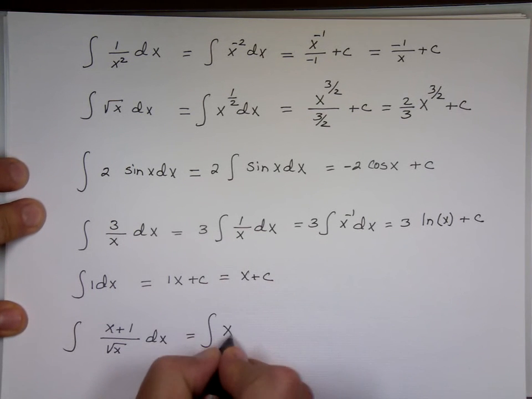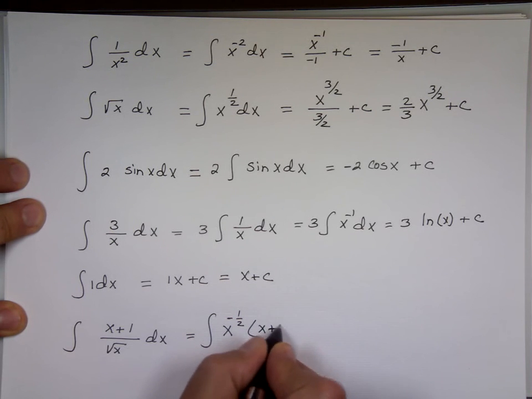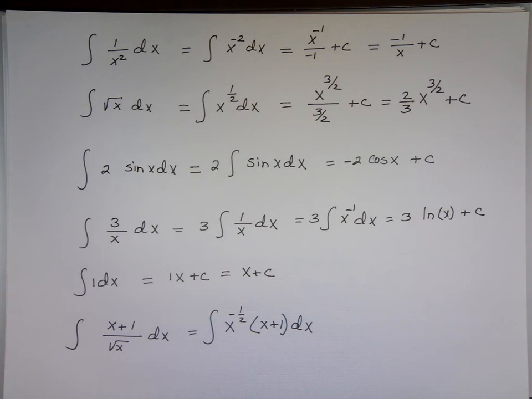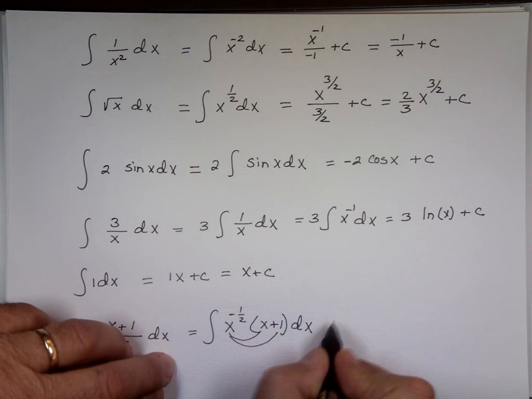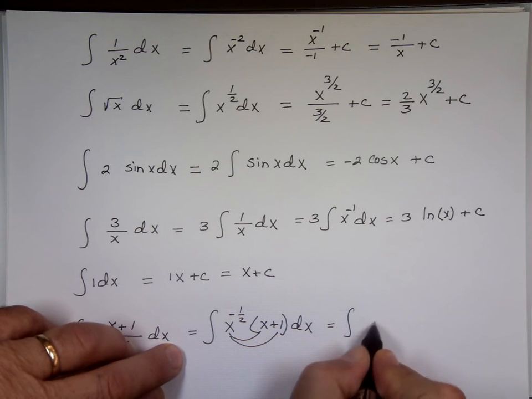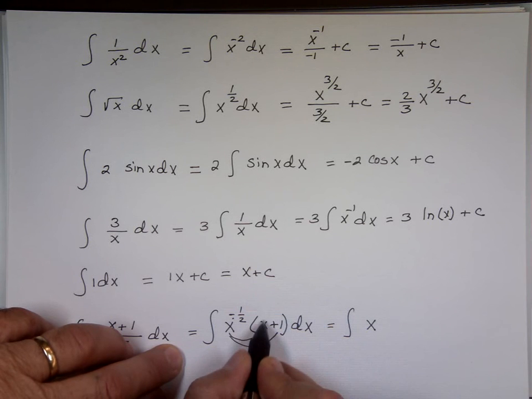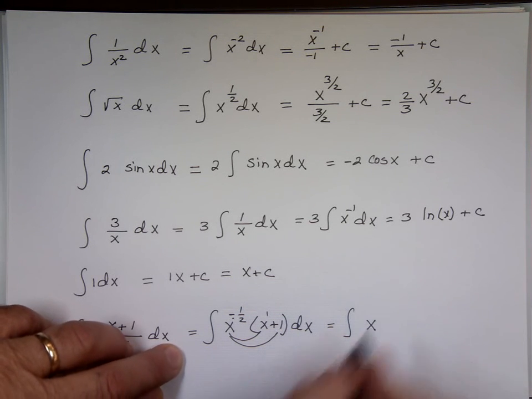Negative 1/2. Can we distribute that one? What's negative 1/2 times x? X to the negative 1/2 times x to the 1. When you multiply, you add your exponent. So that'd be what? 1/2.